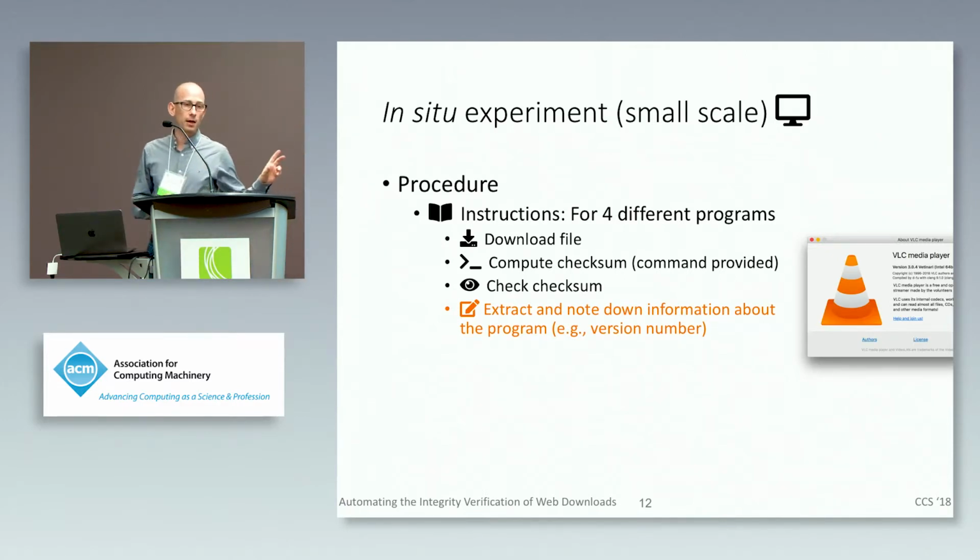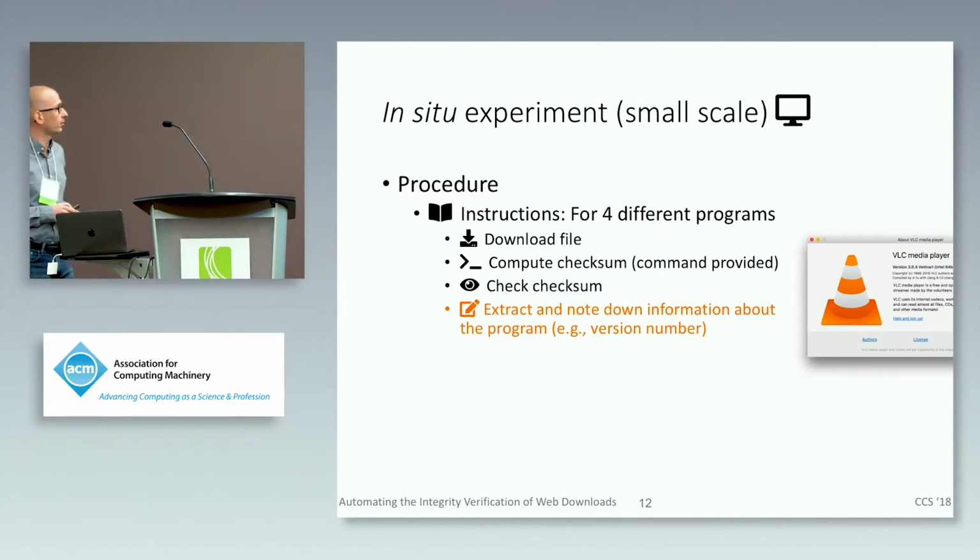The goal of this last step is just to make sure that the participants don't put too much focus on the verification of checksums. We didn't want them to realize that the real purpose of the experiment was to observe their checksum behavior.